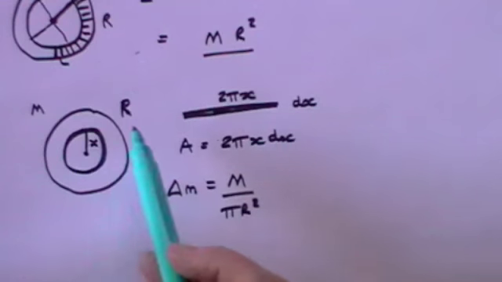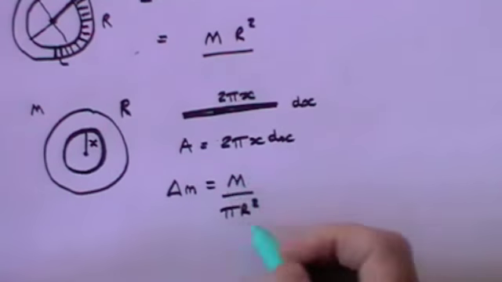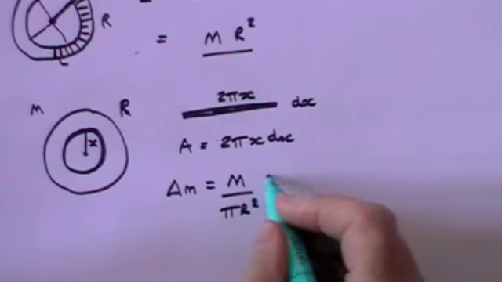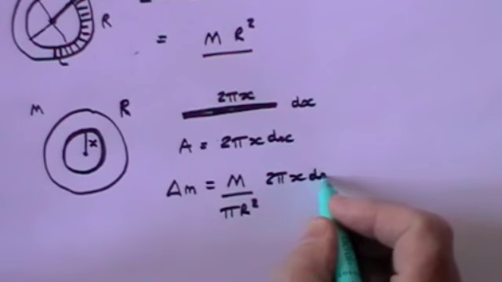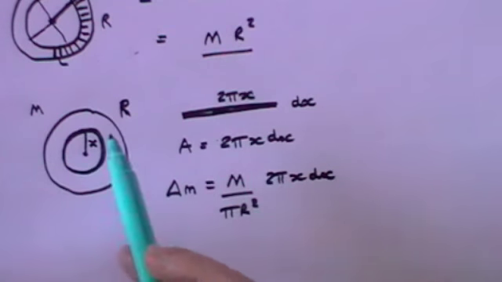The total area of a disk is pi r squared. So that's the two-dimensional equivalent of density, mass per unit area rather than mass per unit volume. And you multiply that by the actual area of the ring, 2 pi x dx. So that's the mass of the ring. It's the mass per unit area times the area of this ring.